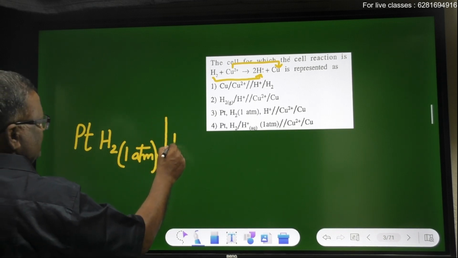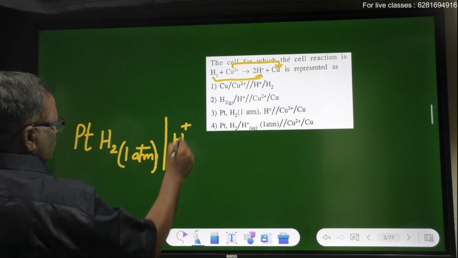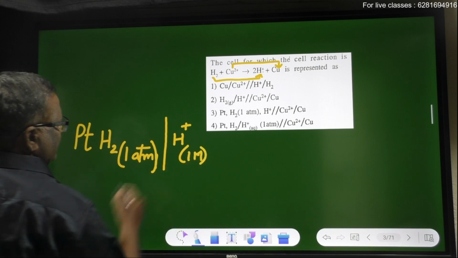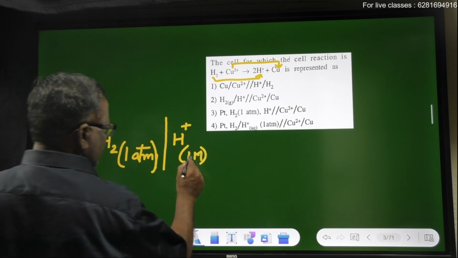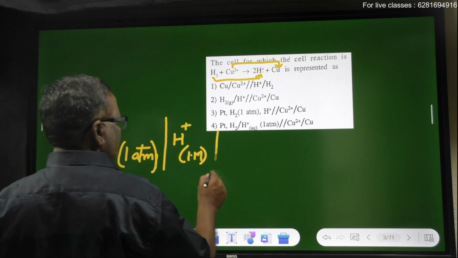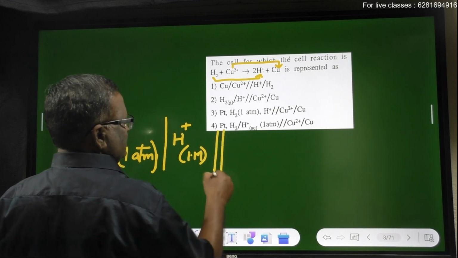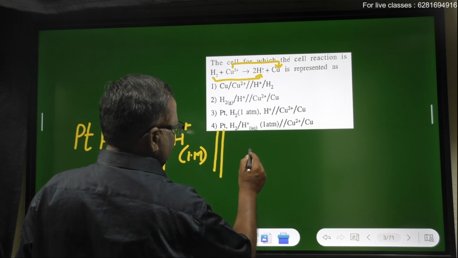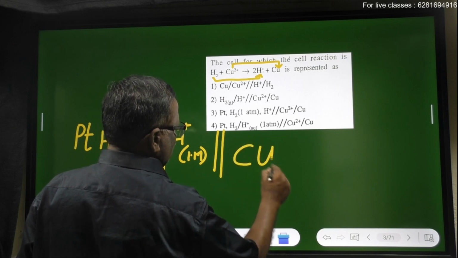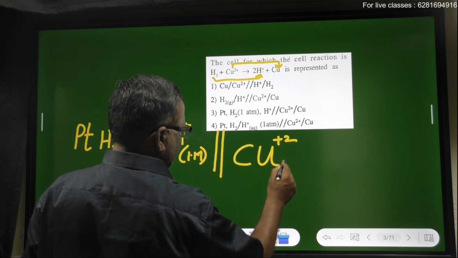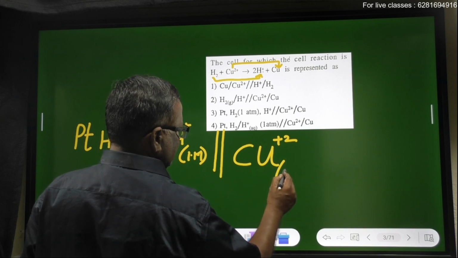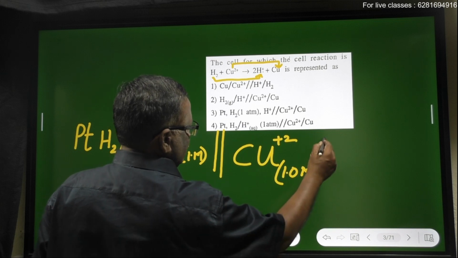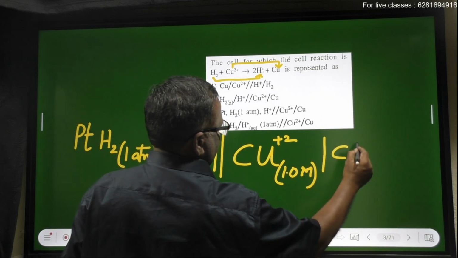Then for the H+ ions, we also have to mention the concentration. In the standard state it is 1 molar concentration, 1 M. Then the salt bridge is represented with 2 vertical lines. Then the cathode: the electrolyte in the cathode is Cu+2 ions and we mention their concentration at standard conditions, 1.0 molar, then slash, then the copper electrode.